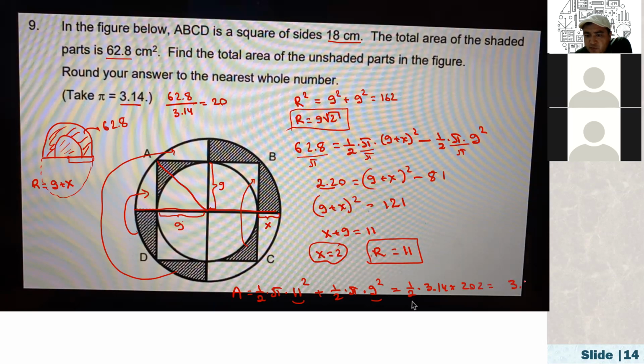So 3.14 times 1 over 2 times 202, that's equal to 101. If you multiply 100 times 3.14, that is 314. 1 times 3.14 is 3.14, which gives 317.14. Correct to the nearest whole number, the answer is 317.